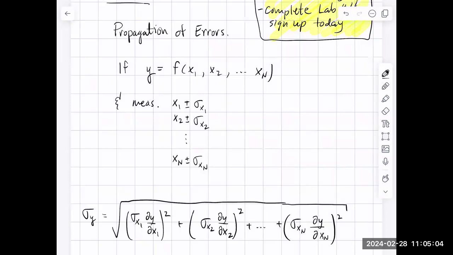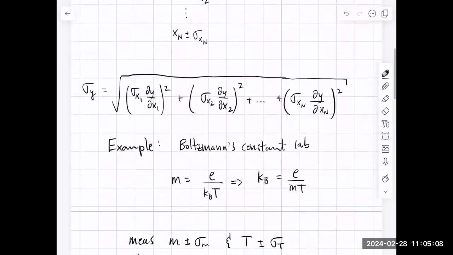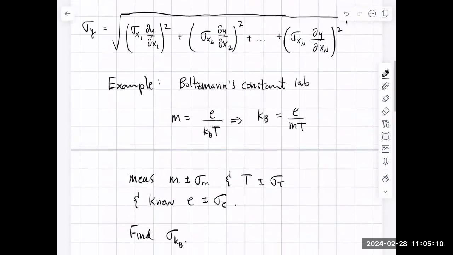So what I want to do is I want to do an example where we apply this. And the example that we're going to think about is from the Boltzmann's constant lab. So there, what you do is you measure some voltages and currents, you construct a certain plot that is linear. That plot has a slope m, and you find m and its uncertainty.